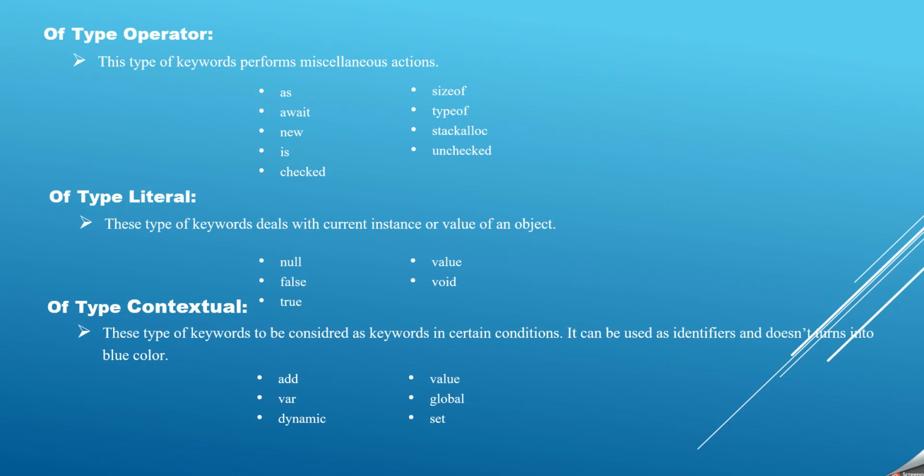So that's what I wanted to show you. I was showing that where can be used as an identifier. At that time it behaves as an identifier, not as a keyword. But when I declare it as a type for a particular object or variable, it turns into a keyword. So that's why it's called contextual, right?